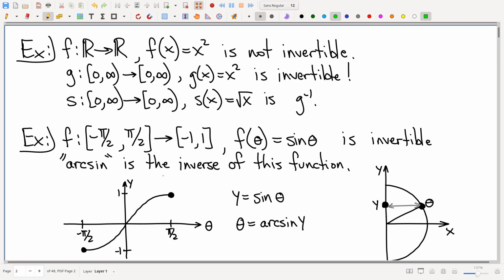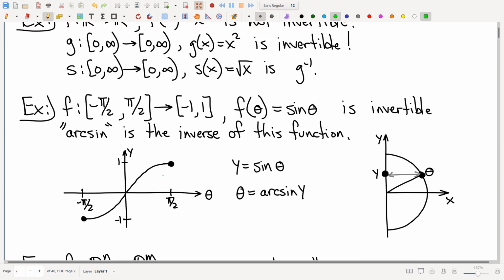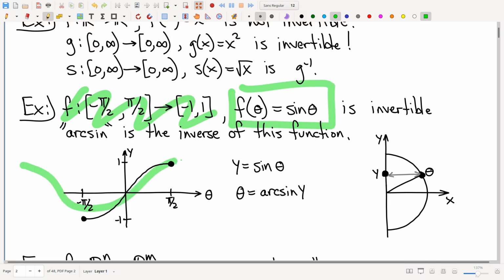Analogously for the sine function, if you ignore domains and targets and just write down sine, well, sine is defined for all possible values of theta. If you try to invert this, you're going to have a problem. You don't have this bijective correspondence between input values and output values unless you restrict the domain just so.